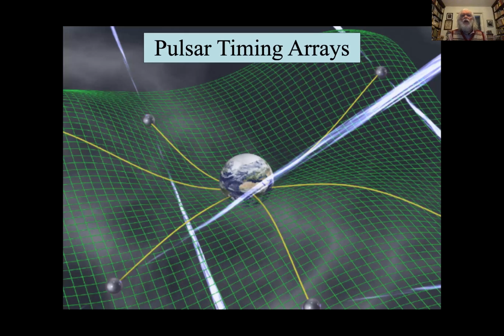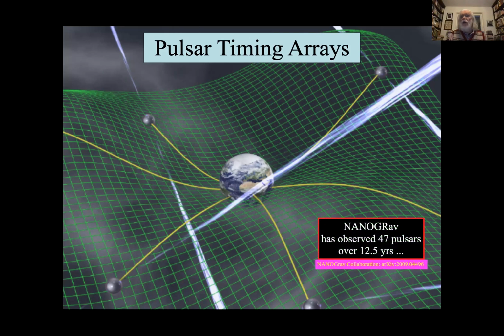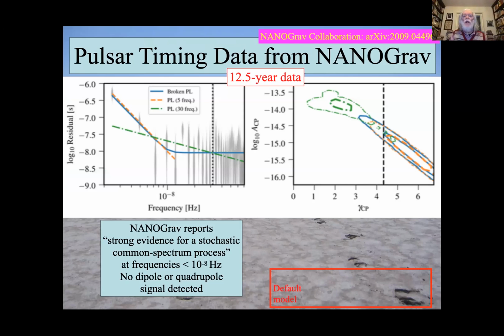So I just want to finish by discussing pulsar timing arrays. You heard about the prospective sensitivities of these gravitational wave experiments in talks yesterday. I just want to focus on this recent paper by the NANOGrav collaboration. They observed 47 pulsars over 12.5 years, and they may have found something.